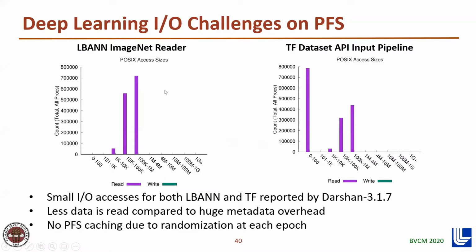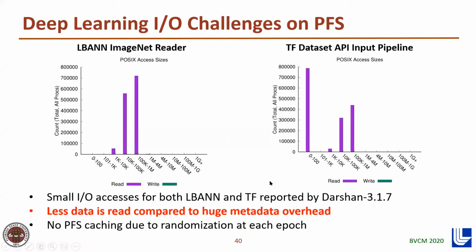In the left picture, we show the Darshan output for the POSIX accesses and counts when we ran the ImageNet reader on LBANN. In the right picture, we show the TensorFlow dataset API input pipeline output. As we can see, very small IO access requests are posed by both LBANN and TensorFlow, as reported by the Darshan 3.1.7 profiling tool that we used.